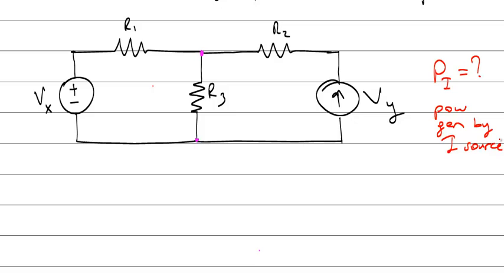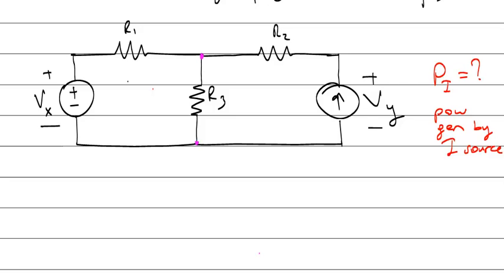So I need to find the current is given. I know the current value, but I have to find the voltage of that component. So let me use the node method and calculate the voltage of that component, and then find the power dissipated by that component.